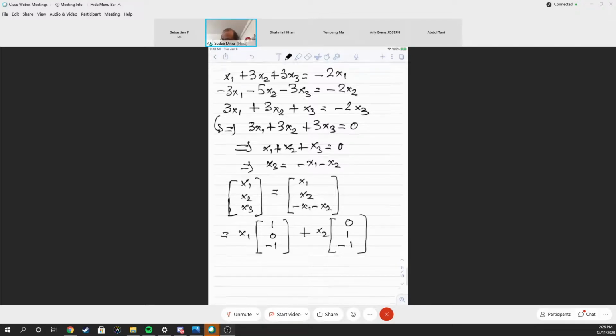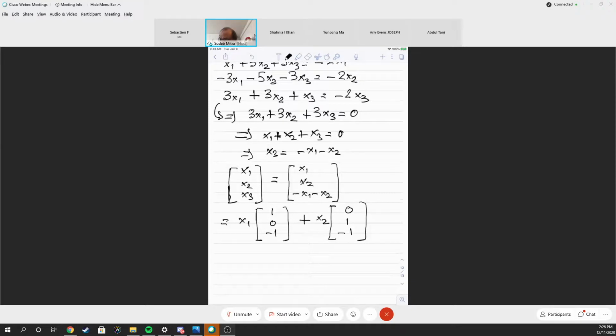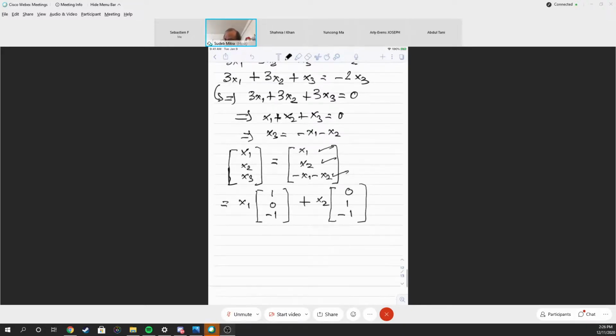Am I right? x1 is x1, x1 times 0 plus x2, so x1, x2, minus x1 minus x2. So there you go. These are the eigenvectors, where x1 and x2 are any scalars.